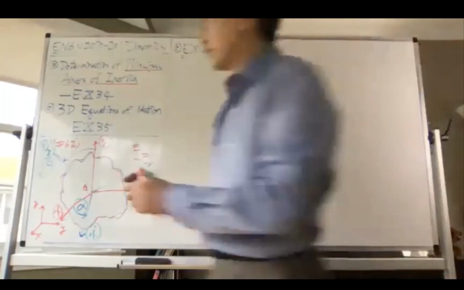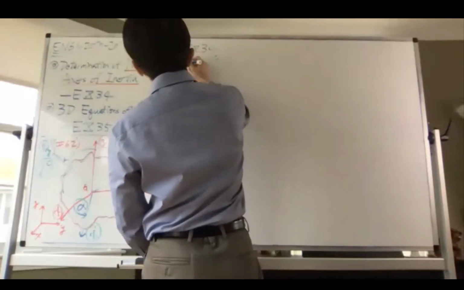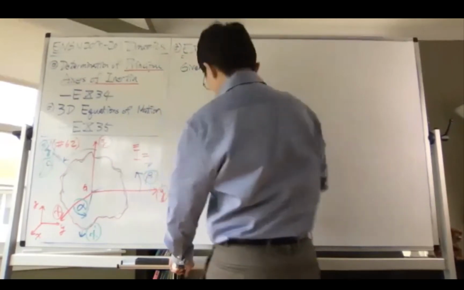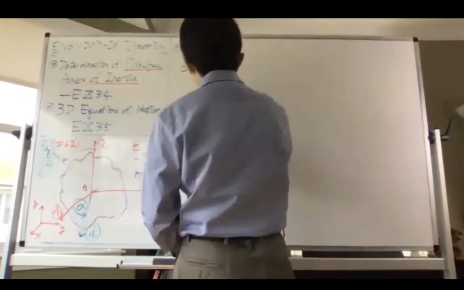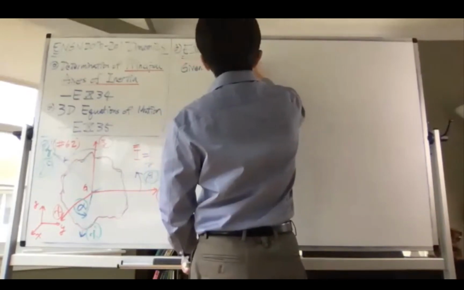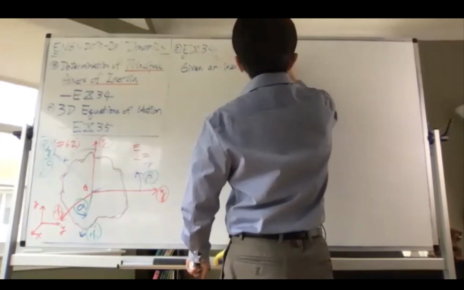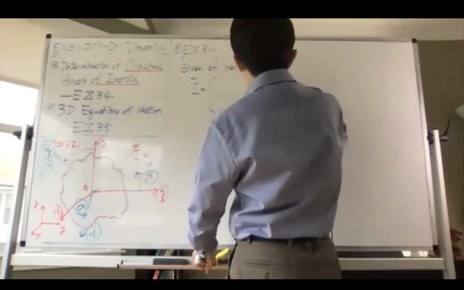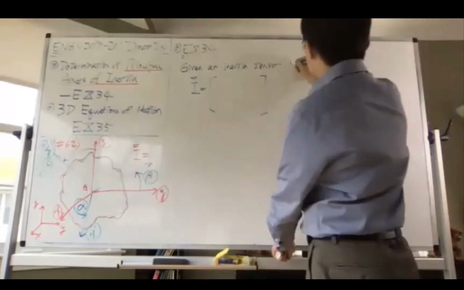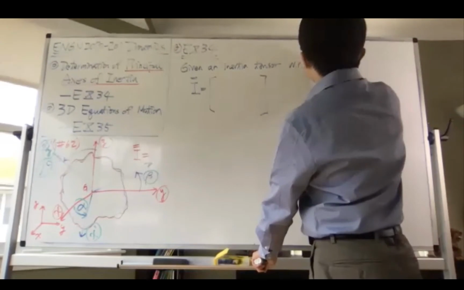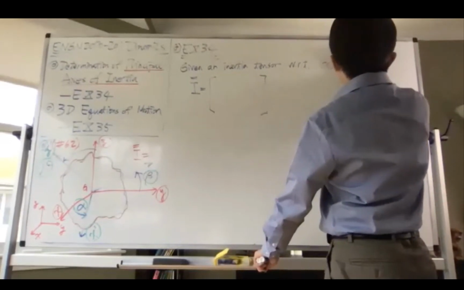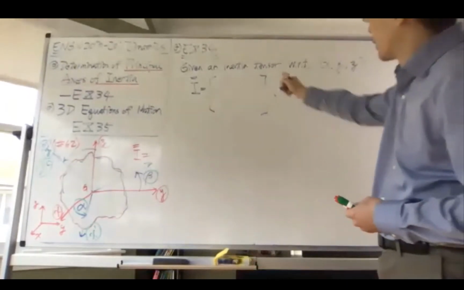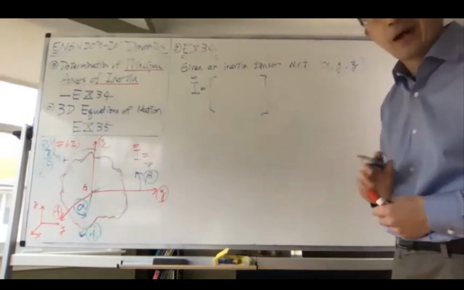Here, suppose you're provided with an inertia tensor I, and this inertia tensor is not measured with respect to the principal axis of inertia.